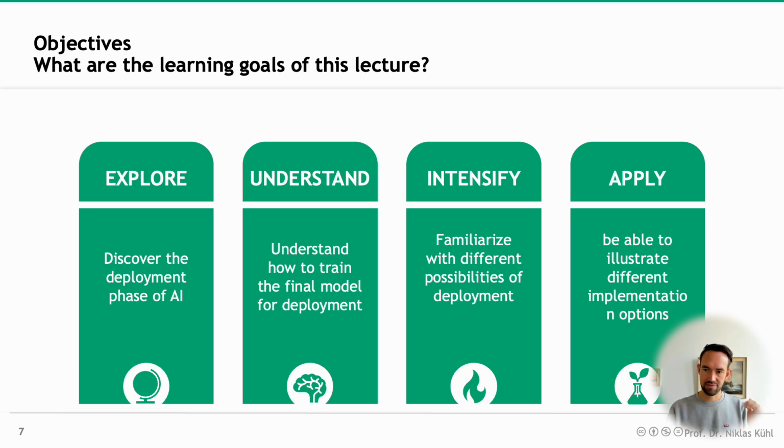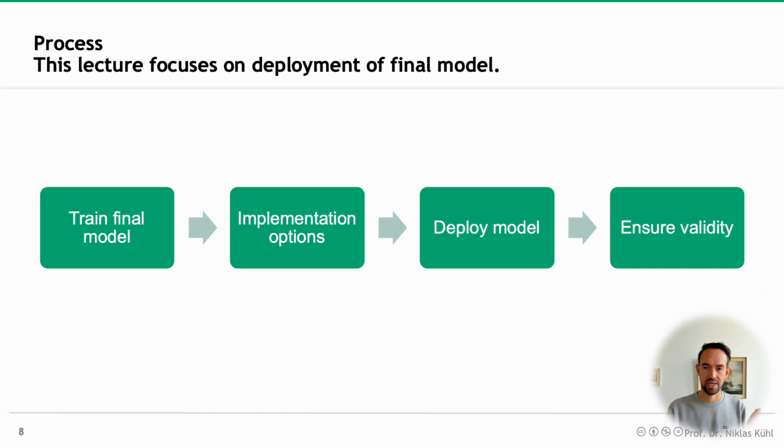But let's have a look at the steps that you need to do if you want to deploy a model. First of all, it's all about training a final model. Now, this step is interesting because it's not about evaluating the performance of your model anymore, but about training the best possible model.